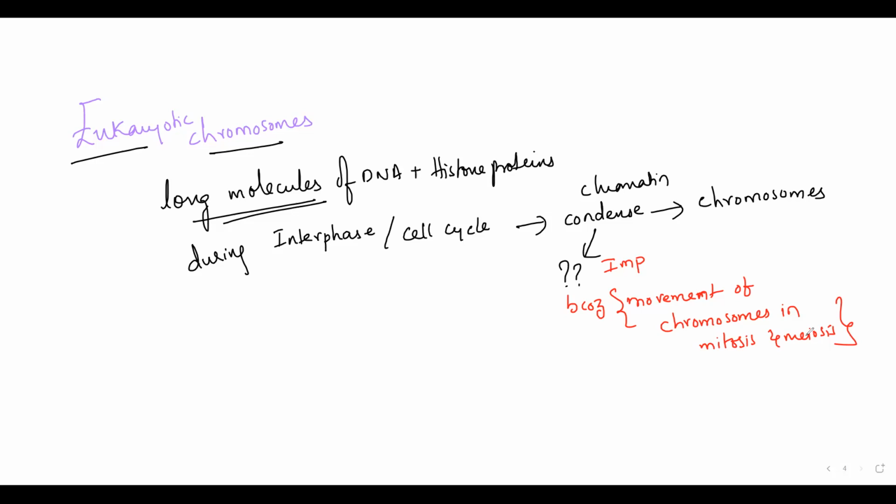While in the eukaryotic chromosomes, the long molecules of DNA make up a complex with the histone proteins, and these long DNA structures, which are the chromatin, are going to condense to form short stout structures like chromosomes. And undergoing condensation is very, very important for us, because this is going to enable the movement of the chromosomes during the anaphase, where you can see that they split into a pair.